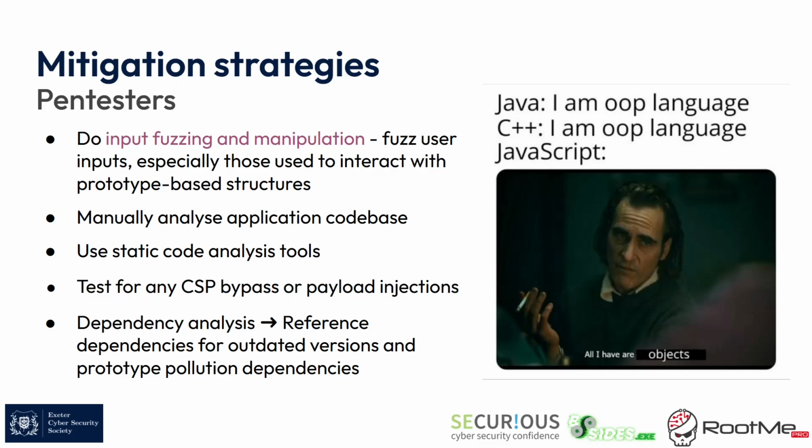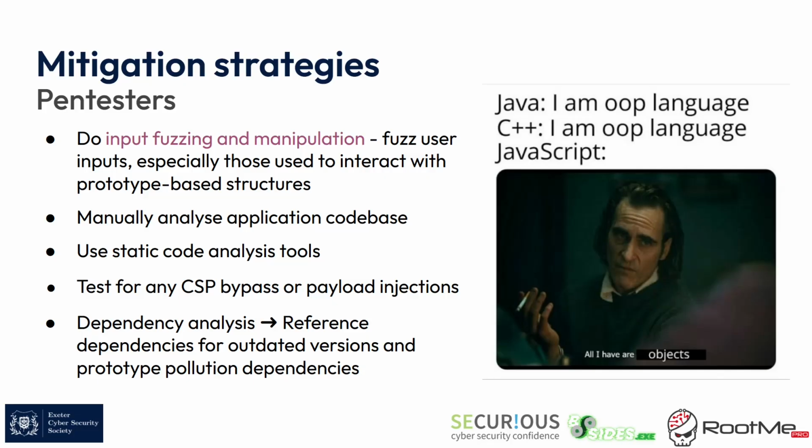Okay, so for pen testers, what are the mitigation strategies you can do to try and prevent or to identify if prototype pollution is a problem for your web application? Like I said earlier, you can try input fuzzing and manipulation.